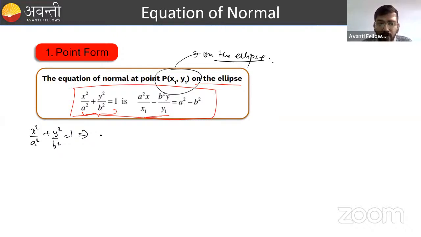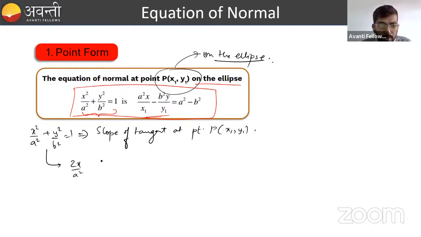Okay, so how do we find the slope of tangent at P x1 comma y1? Okay, how do we do this? We differentiate this, so it becomes 2x upon a square plus 2y dy by dx, this upon b square is equals to 0, right?